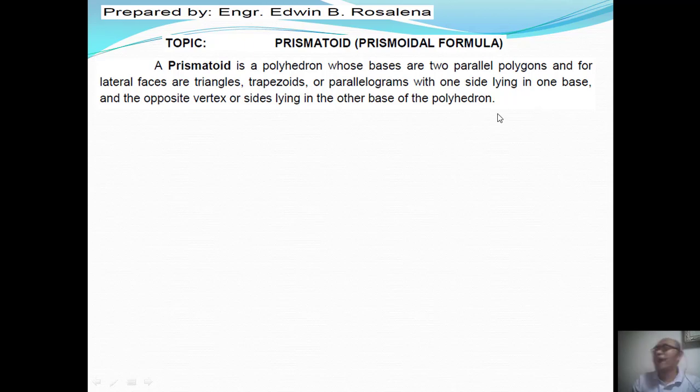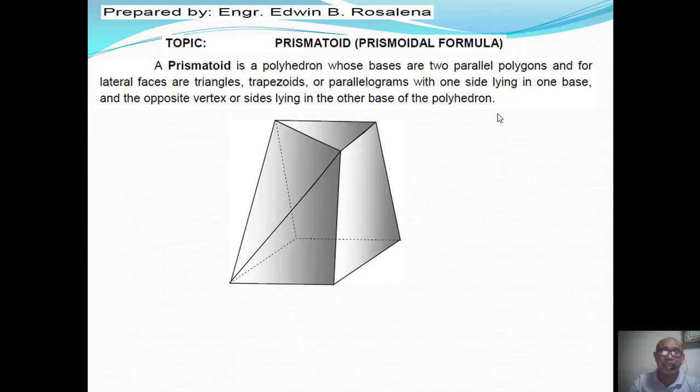Okay, so it's not easy if it's just reading, right? You can't see anything. Okay, so this is a prismatoid. So this is composed of two parallel bases. So base 1, base 2. The bases are not of the same figure.